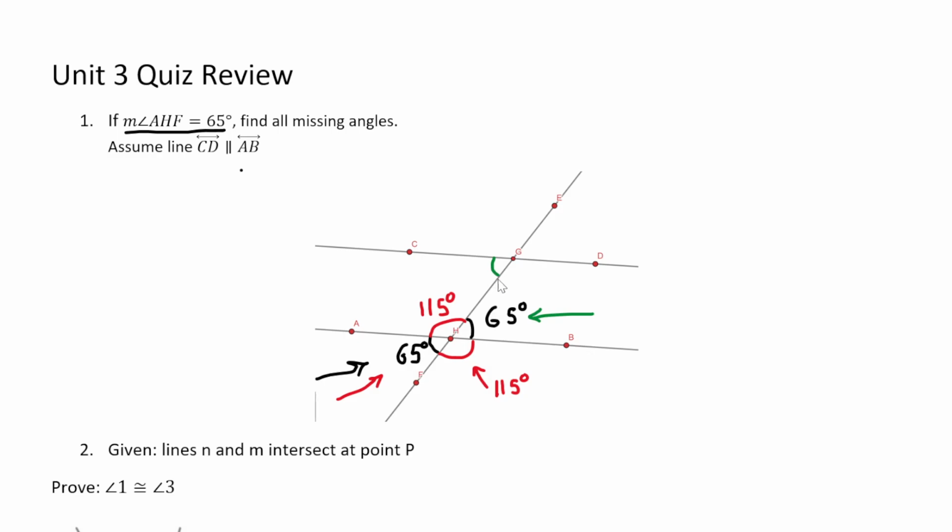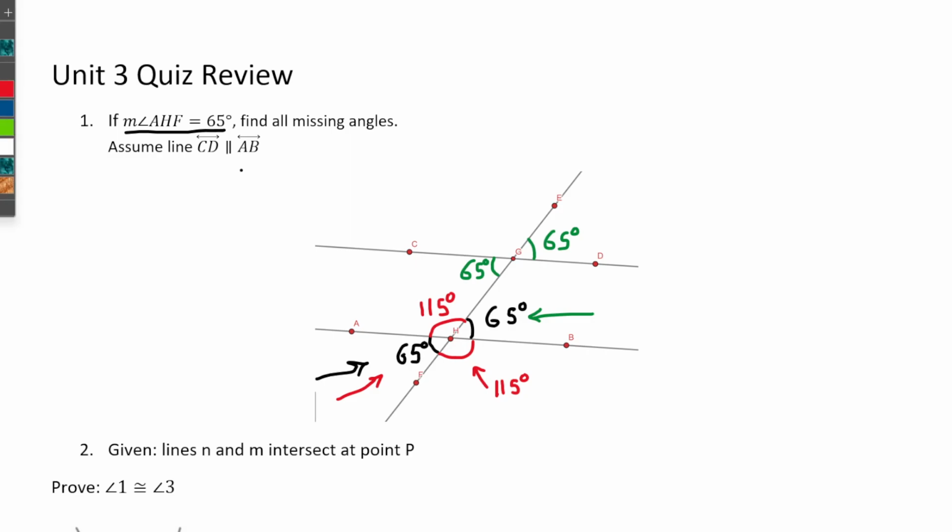So because this angle here and this black one are alternate interior, they are both the same. So this one is also 65 degrees. Now because that one is 65 degrees, this one will also have to be 65 degrees because they are vertical angles.